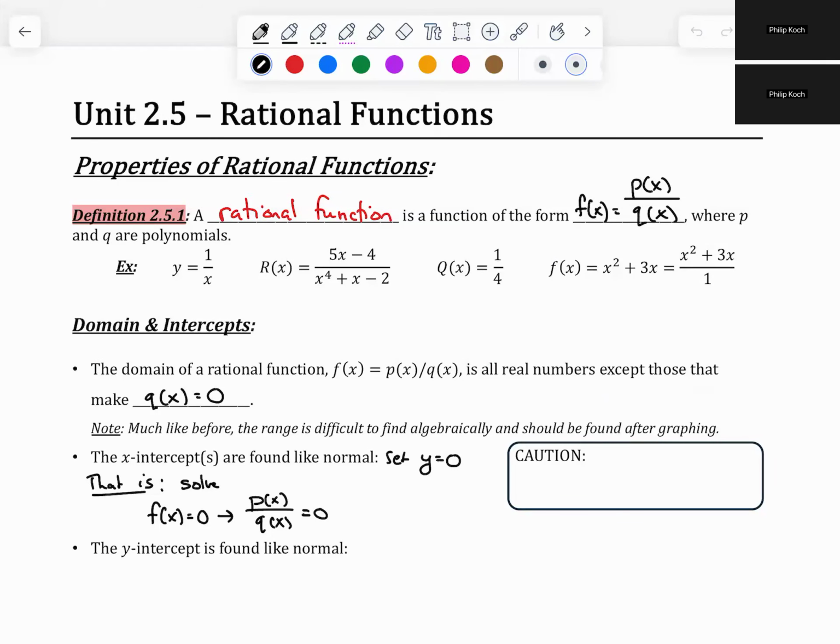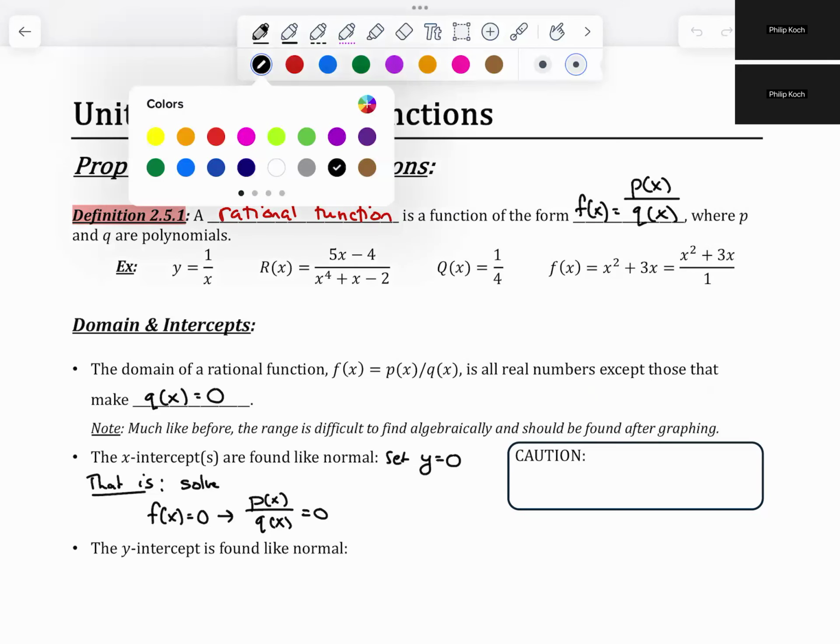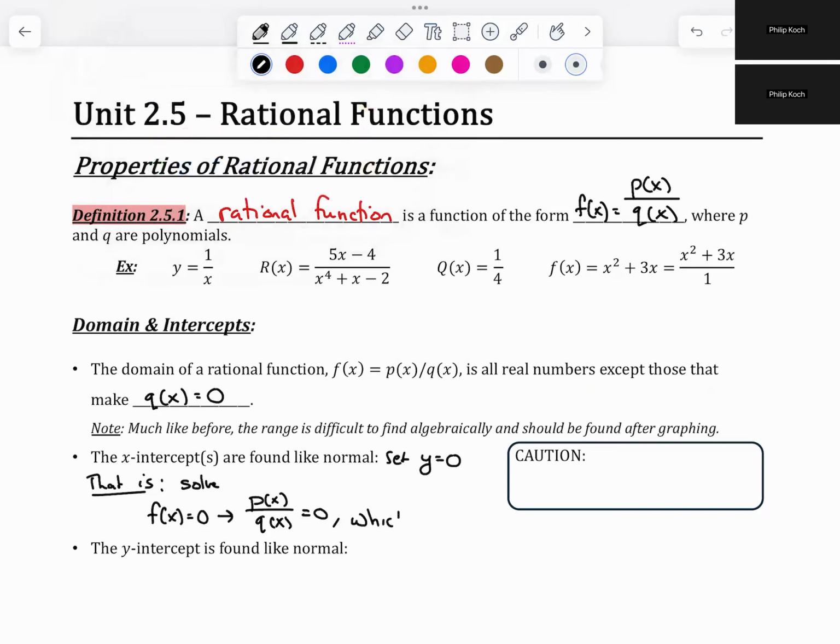So in order to solve it, all I need to do is multiply both sides by q of x, which can only happen if p of x equals 0.